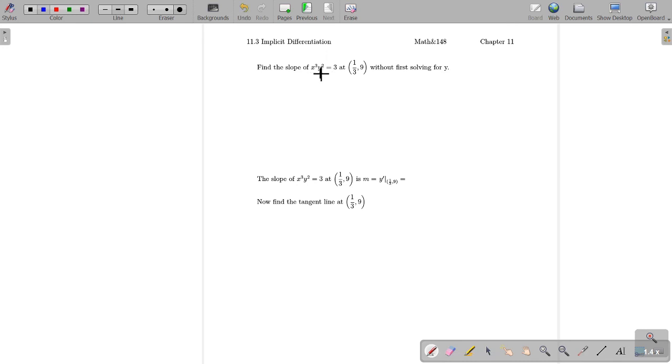So this is the product rule here. So this is going to be 3x squared times y squared plus 2y y prime times x cubed. And that's going to equal 0.